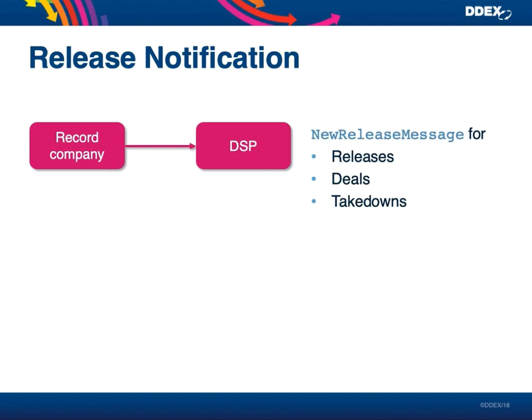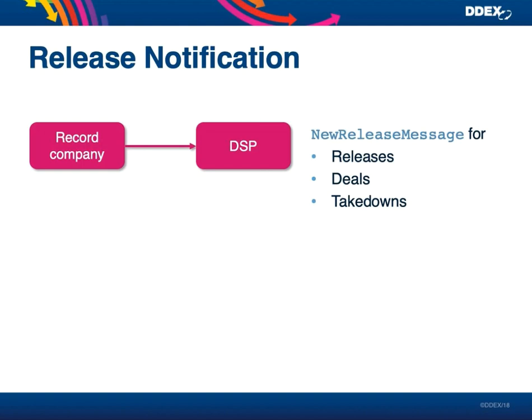In addition, the DSP needs to know when, where, and under which conditions the content may be made available to consumers. Is it a stream? Is it a download? Is it from the 1st of January onwards, or is it the 1st of February? Is it in the US? Is it in Canada? Is it in the UK?